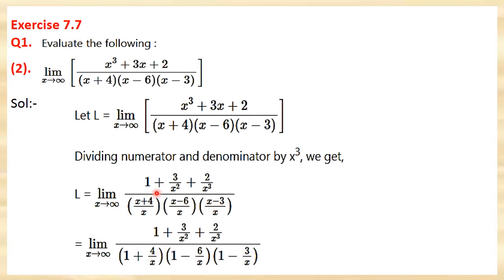Again the denominator can be simplified by dividing each term of each bracket by x. The first term: x upon x is 1 plus 4 upon x. Second bracket: 1 minus 6 upon x. Third bracket: 1 minus 3 upon x.